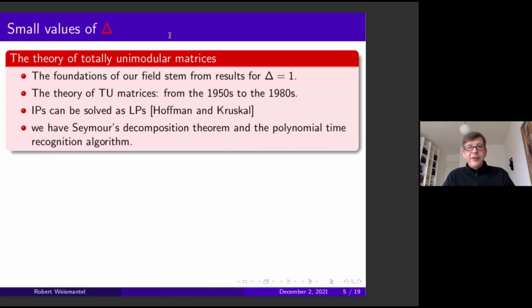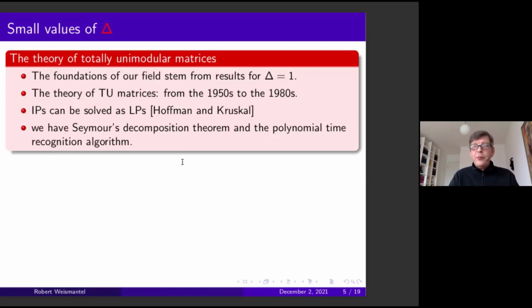And we have established a very nice theory of TU matrices within the years 1950s to 1980s. In particular, in the context of integer optimization, we all know from Hoffman and Kruskal's theorem that IPs can be solved as LPs, simply because we assume that the right-hand side is always integral. And then the LP optimal solutions happen to be integral, which is a fantastic property.